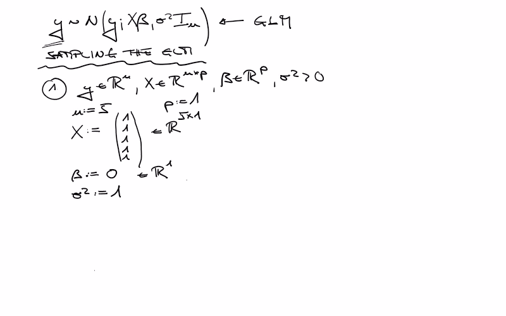And now we want to actually do the sampling. What this says is that we need to evaluate the expectation parameter and the covariance matrix of Y. So let's call the expectation parameter mu_Y. That's the expectation parameter for Y, which of course is given by X times beta, as we see up there, which means in this case (1, 2, 3, 4, 5) times 0.